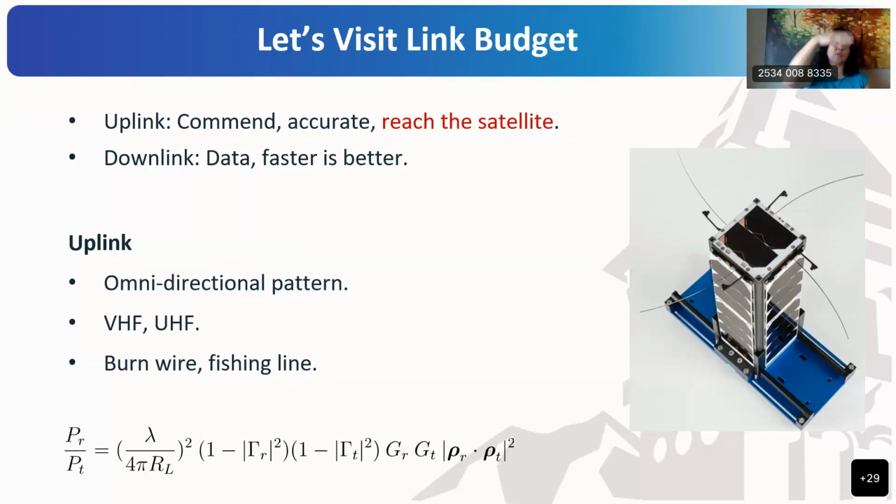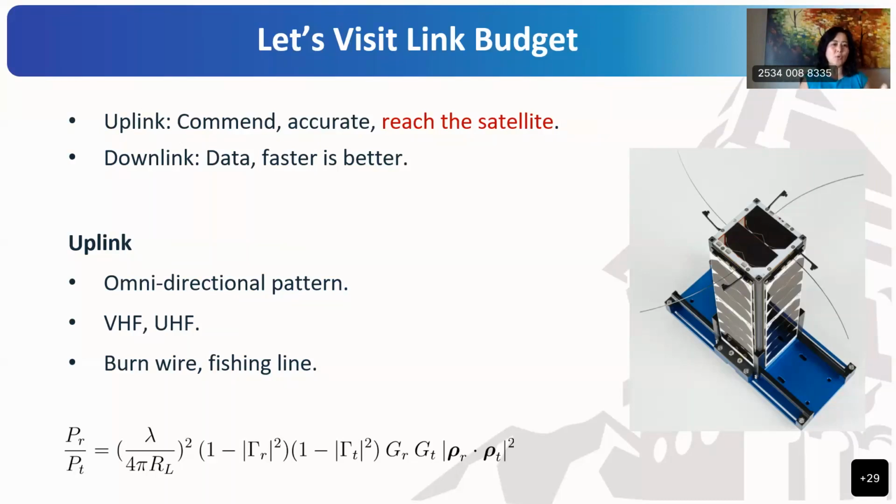For the uplink, the command link, our ground station has to be able to reach the satellite regardless of its orientation. So in that link, the antenna on the CubeSat has to be omnidirectional so that at any orientation, we can establish a link and talk to it.